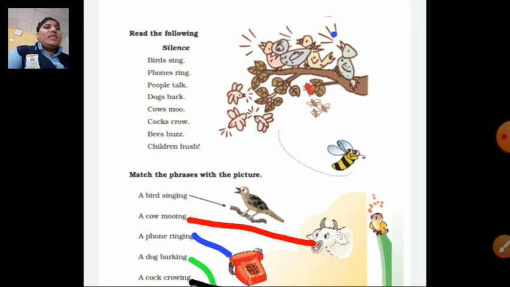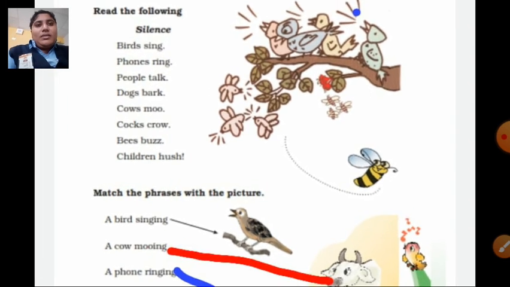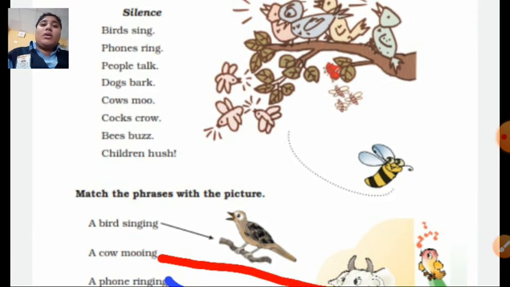So, these are the sounds that are made. They're actually not the real sounds because we say birds chirp, not sing. Yeah, sometimes we say birds sing. Now, the telephone usually rings. People, yeah, we talk. And dogs bark, that is bow bow bow, that's barking.